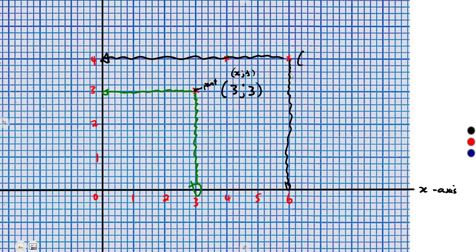In this case, the x value first is 6. The corresponding y value at that point is 4. So we've got the coordinate (6, 4). That's how you can indicate a point that you are given graphically.